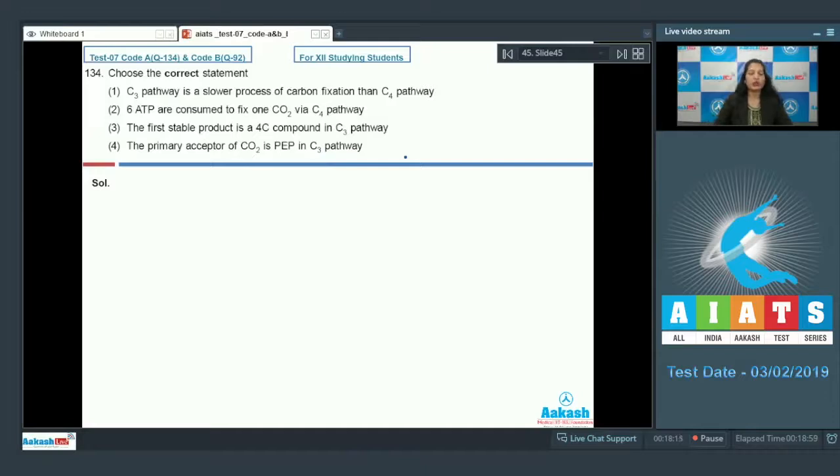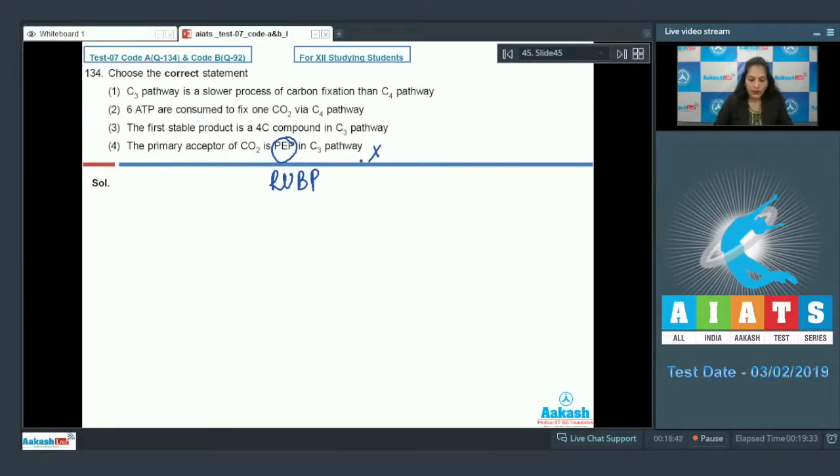You have to find out the correct statement out of the following 4 statements. So the fourth statement says that the primary acceptor of CO2 is PEP in C3 pathway. No, in C3 cycle or the Calvin cycle, the primary acceptor of CO2 is the RuBP. In one of the previous questions, we discussed that it is a 5-carbon compound or a 5-carbon keto sugar. So this statement is wrong.